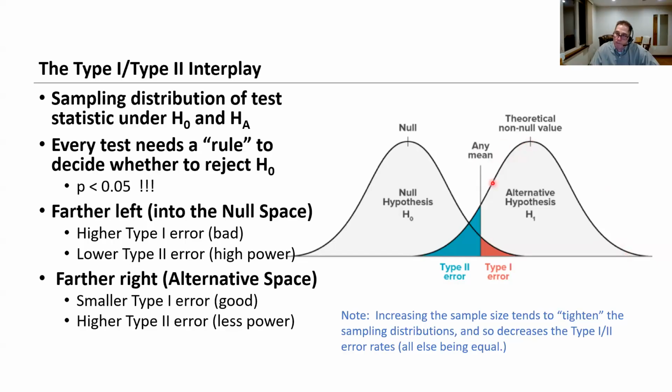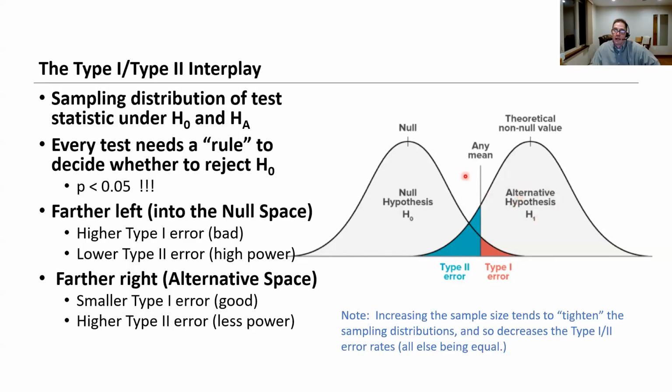Depending on how I've defined these two distributions and my rule here, this, all else being equal, automatically defines the type 1 error rate under the null hypothesis and the type 2 error rate under the alternative hypothesis. The type 1 error rate is this red triangle down here in the lower right corner under the null distribution. The type 2 error is this greenish triangle down here on the left side of the alternative distribution, right?